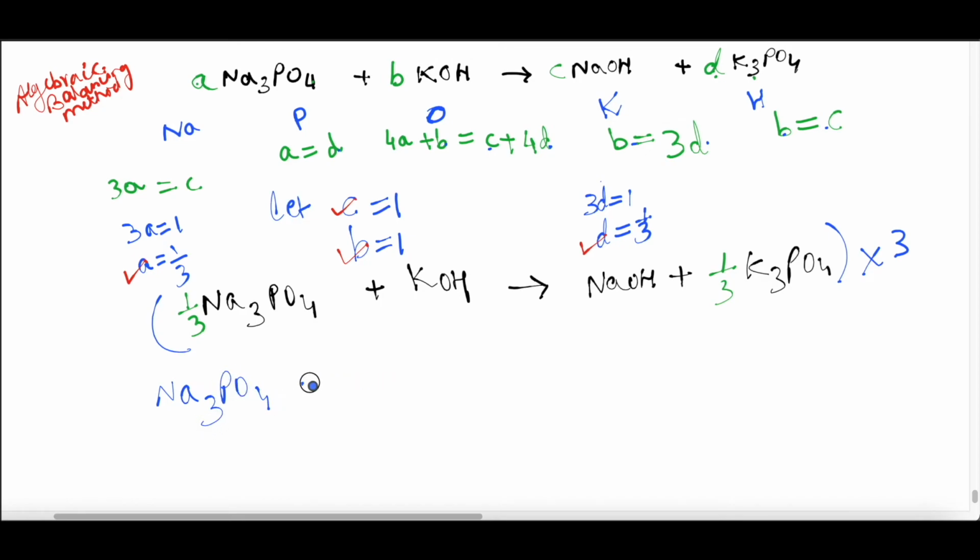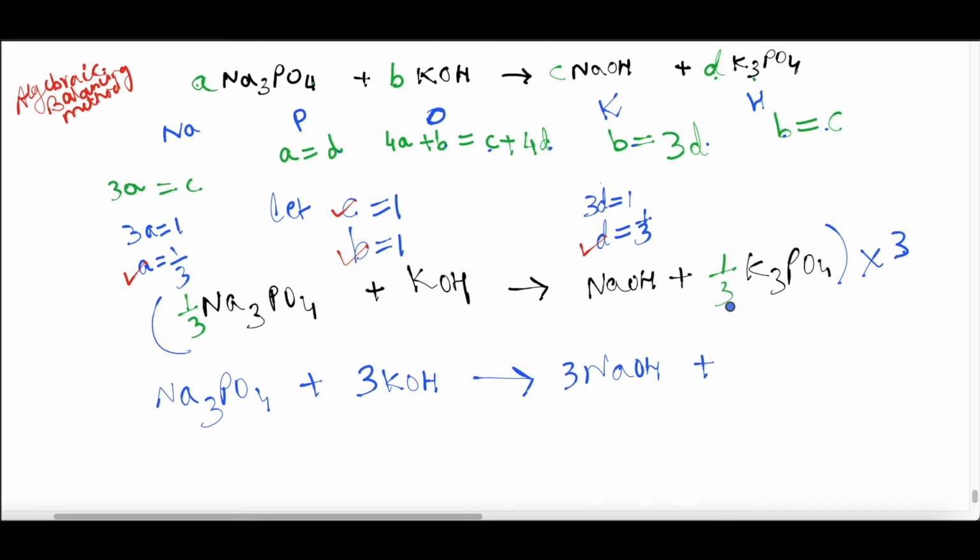Na3PO4 plus 3 times KOH gives 3 times NaOH. So it is 3 NaOH plus, and now this 3 in the denominator and 3 in the numerator will get cancelled and we are left with K3PO4.